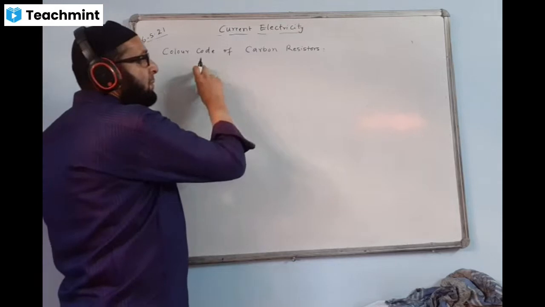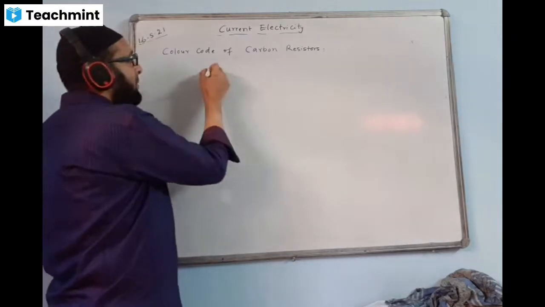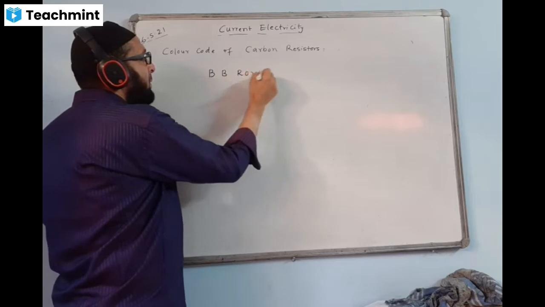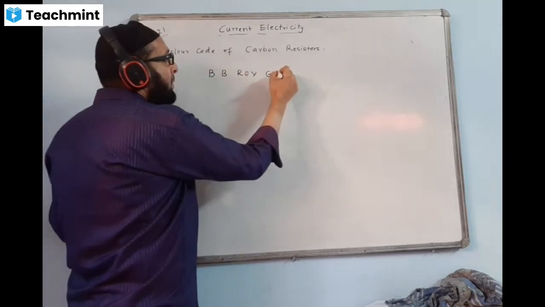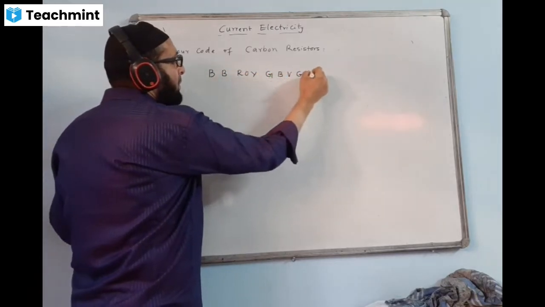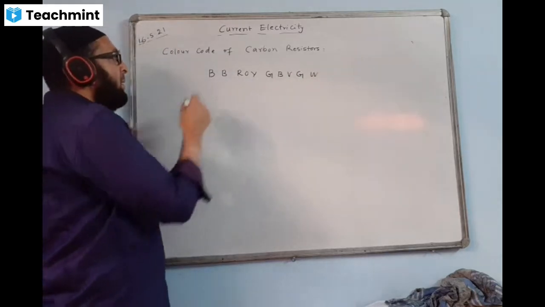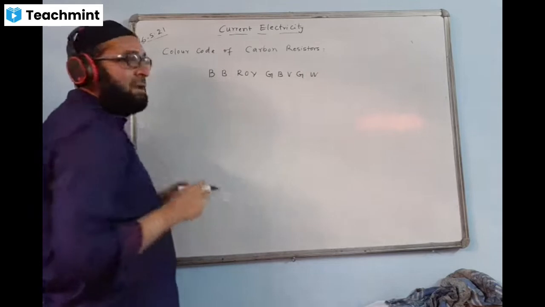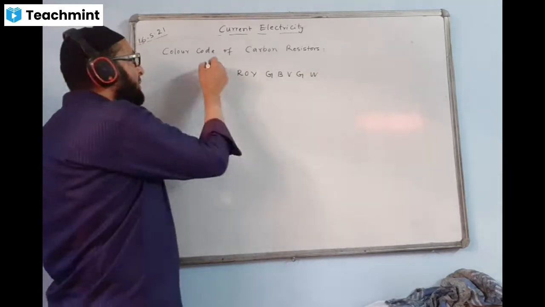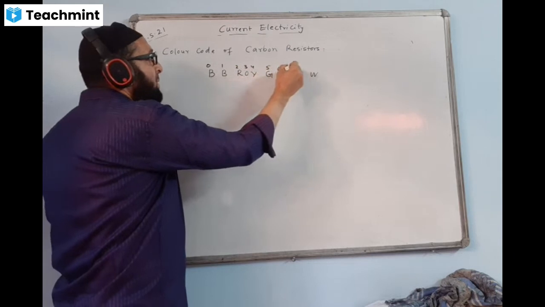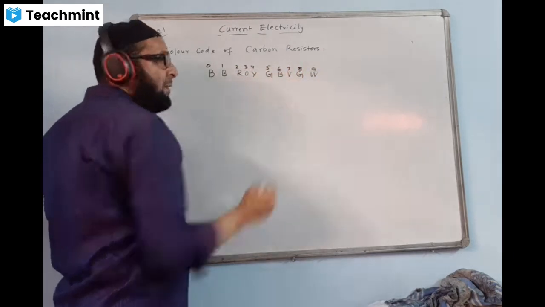There is a code word. I think you know about it, or once again I'll tell you what it is. We write this way, and they all represent digits from 0 to 9: 0, 1, 2, 3, 4, 5, 6, 7, 8, 9.